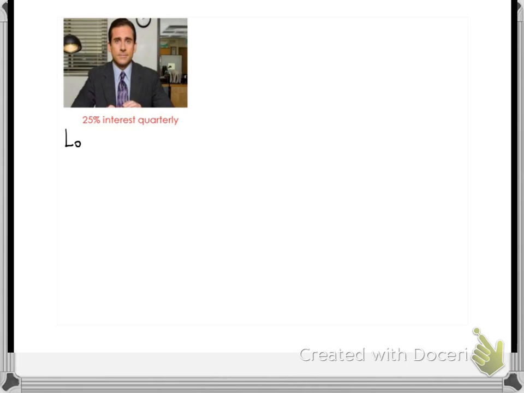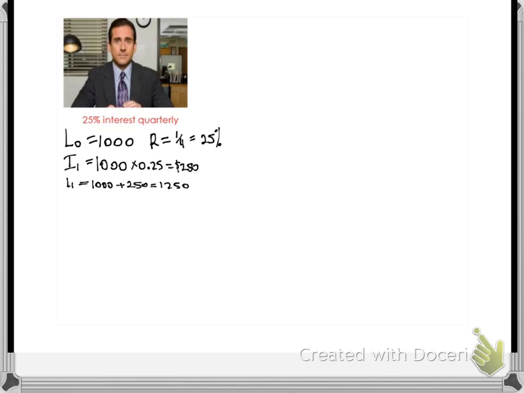All right, let's look at one more. So this time we've got a rate of 25%, and we're going to have interest calculations 4 times throughout the year. So that's the first amount of interest, $250, and gives us a new loan of $1,250.